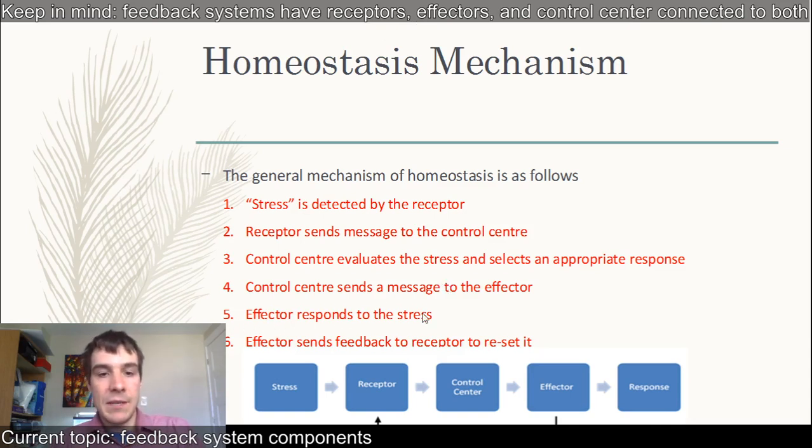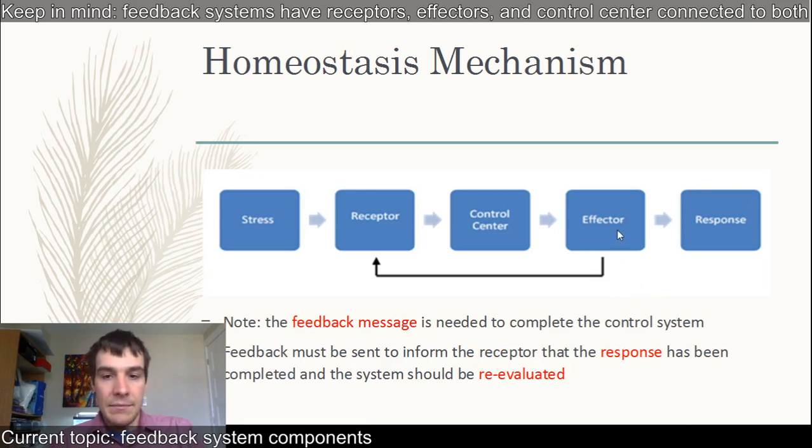The effector will respond to it, and sometimes the effector will send feedback back to the receptor to say, hey, you should check again and send a new signal to the control center. That's important. The receptor has to check over and over again to make sure that whatever desired effect has been done, because the control center won't know unless the receptor tells it that things are okay.